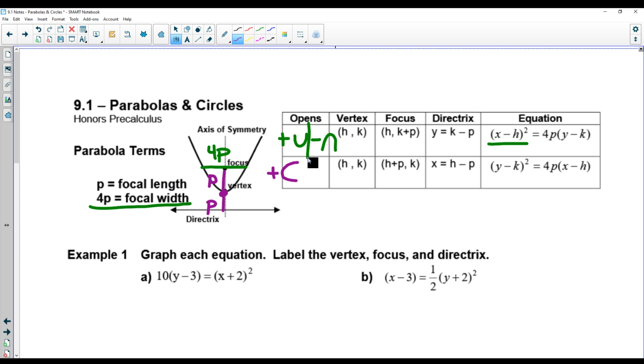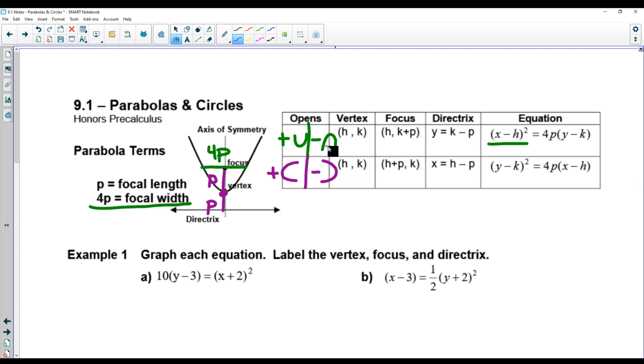If x squared is positive, I'm sorry, silly me. If y squared has a negative, then it will open to the left. So to summarize, x squared and everything positive opens up.